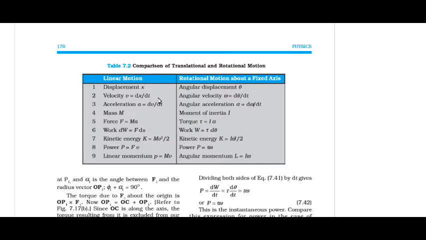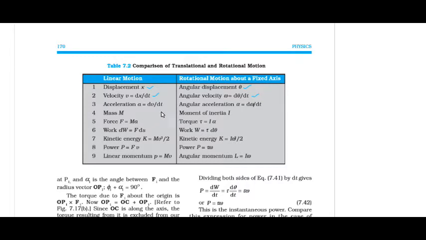So in linear motion, we have displacement x. In angular motion, the same is represented by angular displacement theta. In linear motion, velocity v is equal to dx by dt. In angular motion, angular velocity omega is equal to d theta by dt.